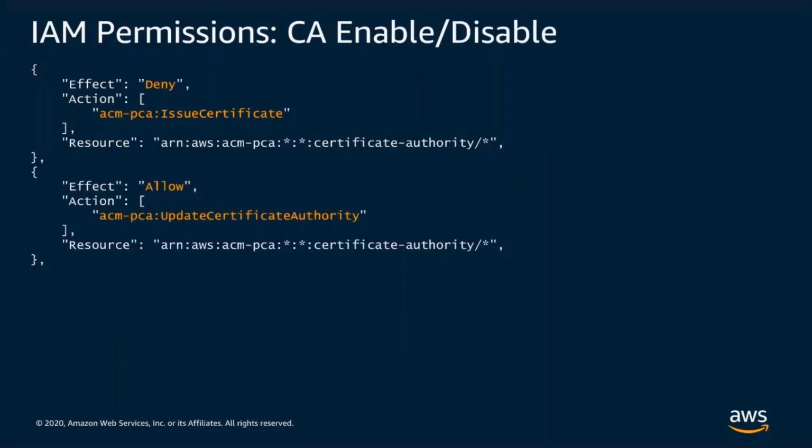Here are Danielle's policies. Notice Danielle is explicitly denied the ability to issue certificates, but she can update the certificate authority. This means that Danielle is allowed to turn the certificate authority on and off, enable and disable, but can't actually issue a certificate. So by working together, Danielle can turn on the certificate authority, Alice can issue a certificate, and then Danielle disables it again.